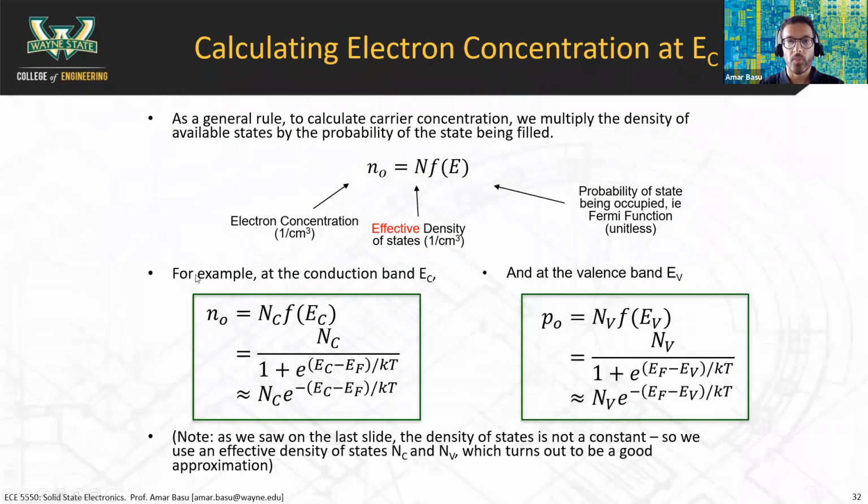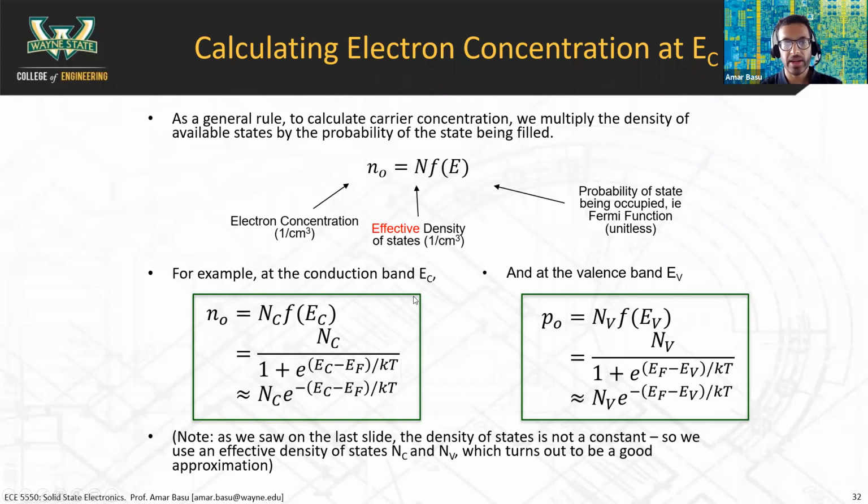The key thing is that we multiply the effective density of states by the probability that the state is occupied. That's the Fermi function. Since we know both of these now, we can plug in the formulas that we found on the last two slides.